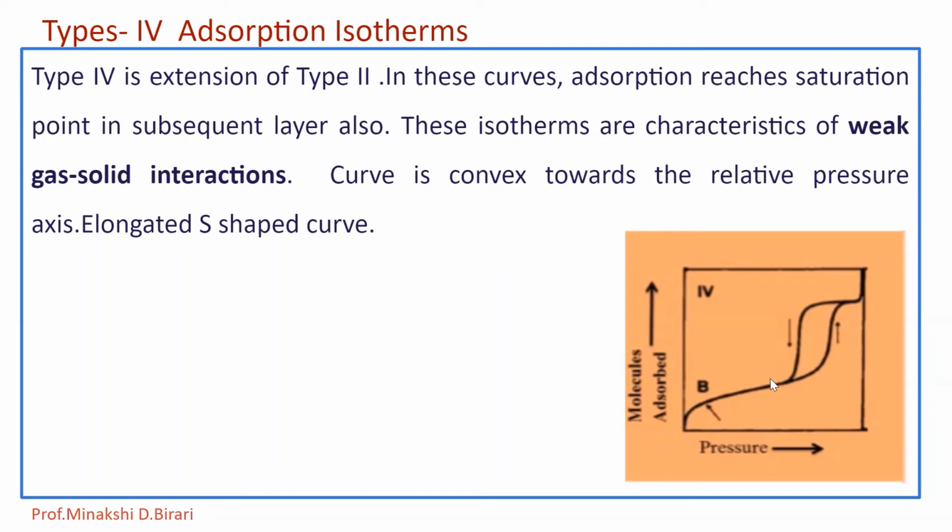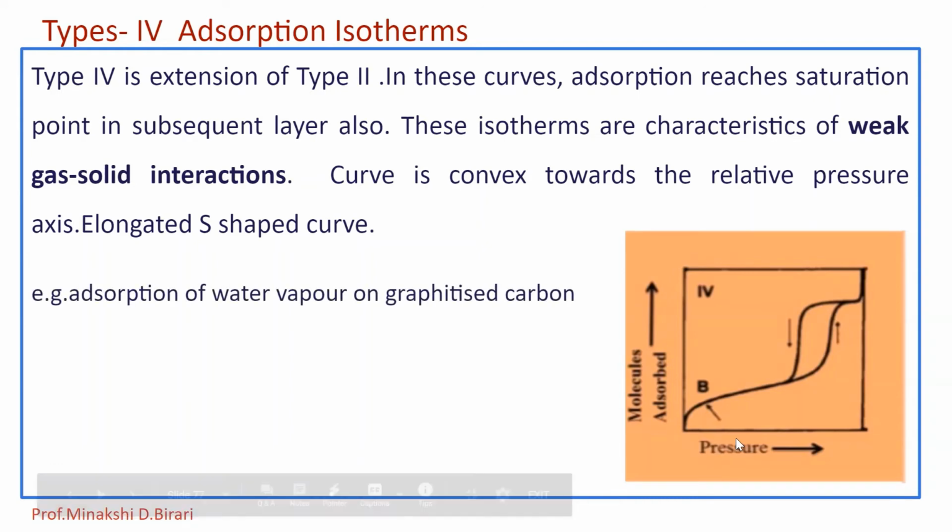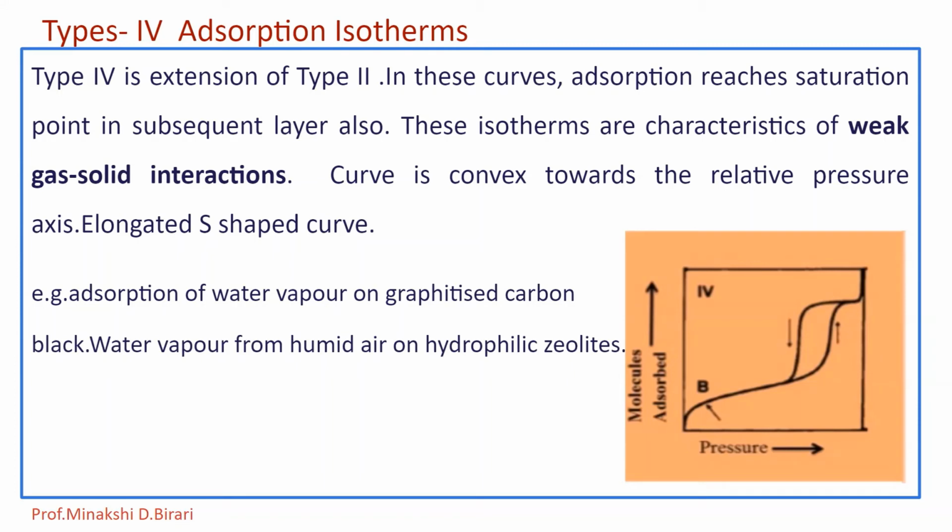Again, on the y-axis molecules adsorbed and on the x-axis the pressure. Examples for type 4th adsorption isotherm: adsorption of water vapor on graphitized carbon, water vapor from humid air on hydrophilic zeolites. In type 2nd, there is hydrophobic zeolites.